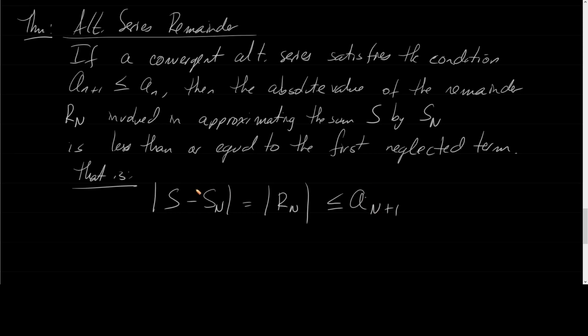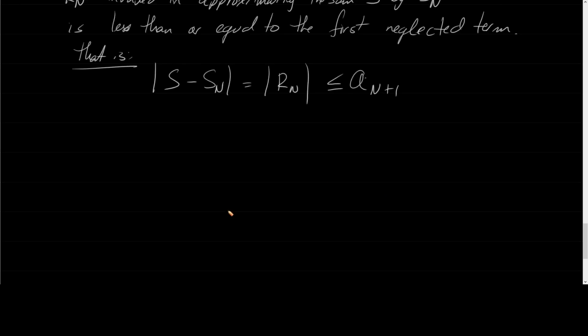So let's see how this helps us. In here, this helps us figure out two things. One, using partial sums, we can sort of tell what the total sum should be, assuming that it is a convergent series, a convergent alternating series. And we can figure out approximately what the sum should be.